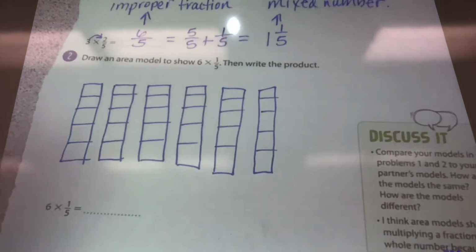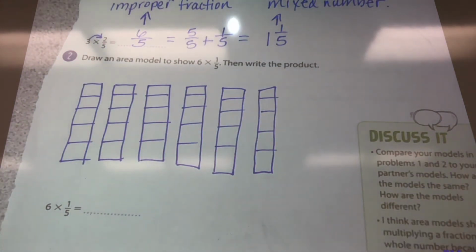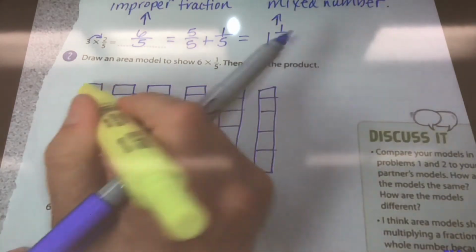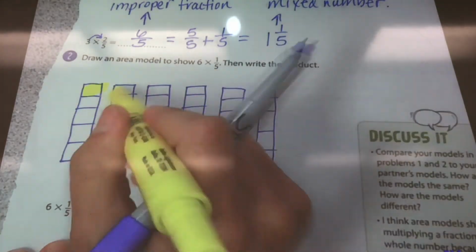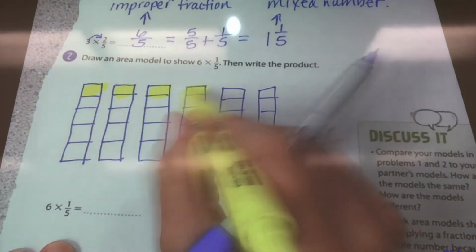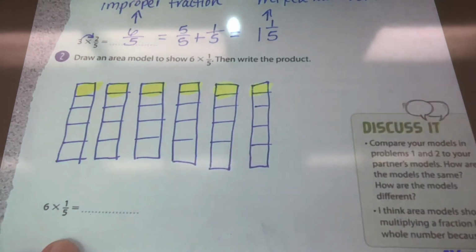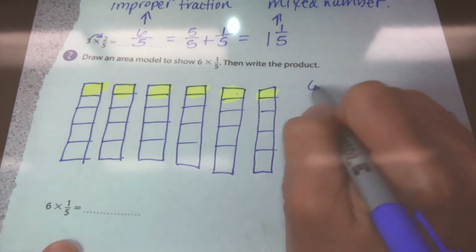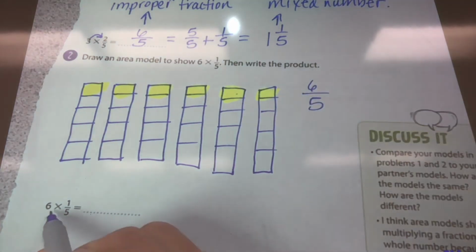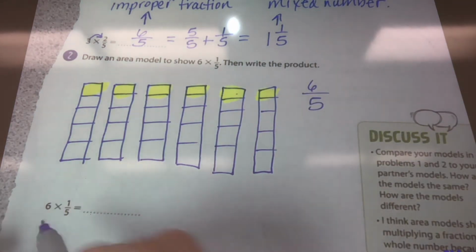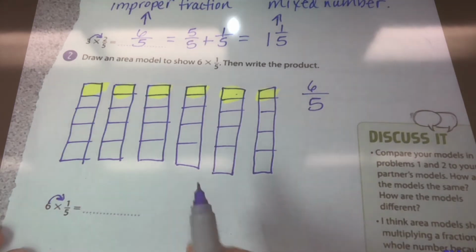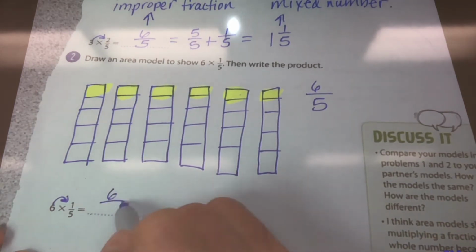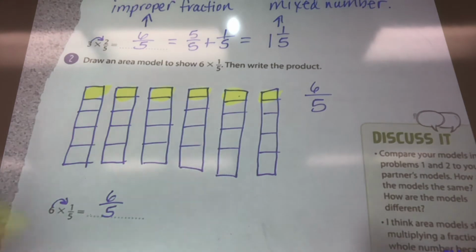And I apologize, my groups are not very equal there, but I'm assuming they're equal for the purpose of this lesson. And then again, it's 6 groups of 1/5. So I'm just going to shade those top ones right there, and I can count and see I have 1, 2, 3, 4, 5, 6/5 shaded. But also I can do 6 times the 1, just simply in the equation. 6 times 1 is 6, so my fraction now is 6/5.